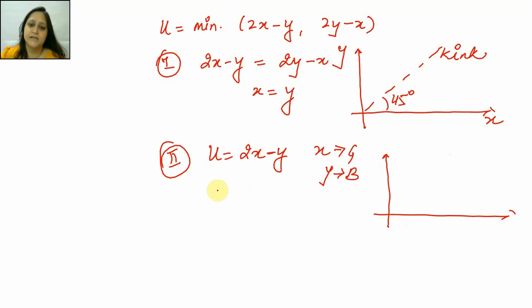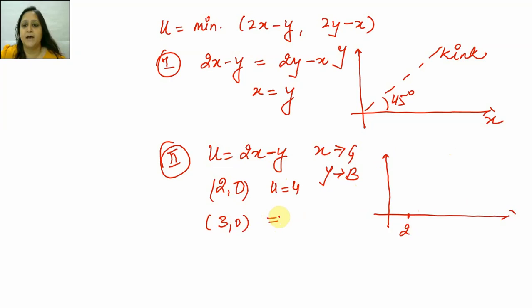Let's take a couple of points. Let's take a point like 2, 0. 2, 0 is 4, 0. It gives me a utility of 4, which is, let's say, this point here, 2, 0. When I go from a 2, 0 to 3, 0, what happens? My utility becomes 6, right? When I want a utility of 4 only, what are the other points I can look at?